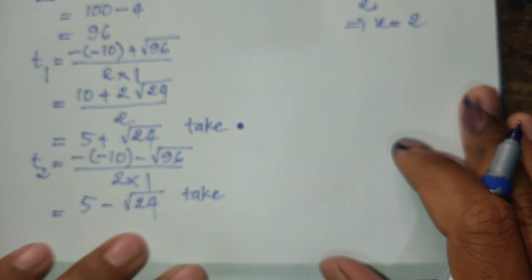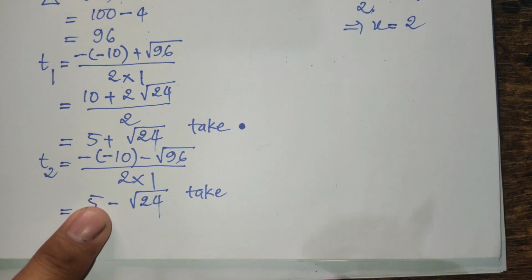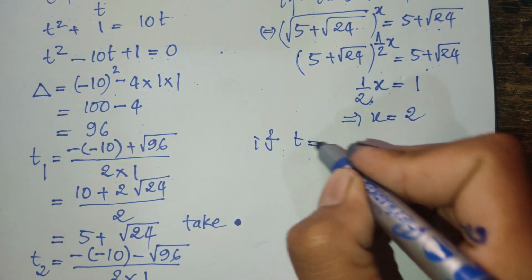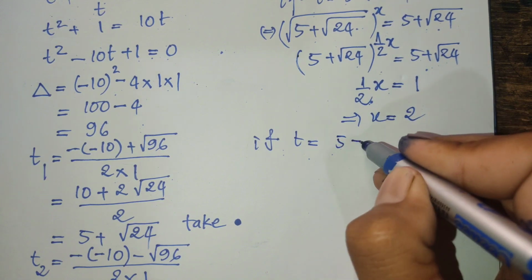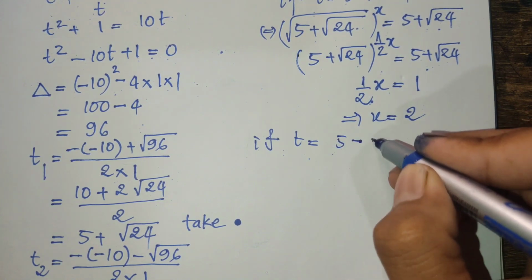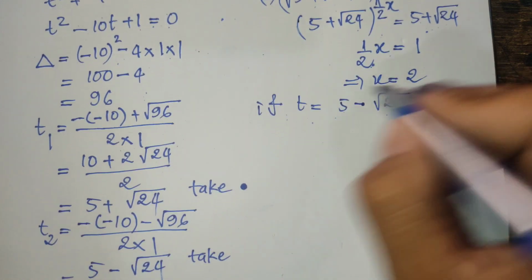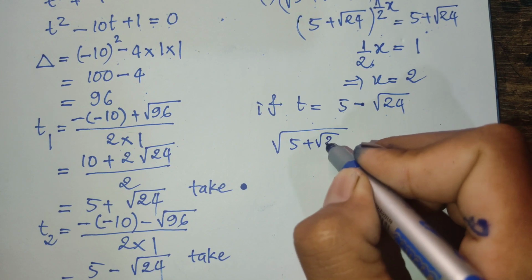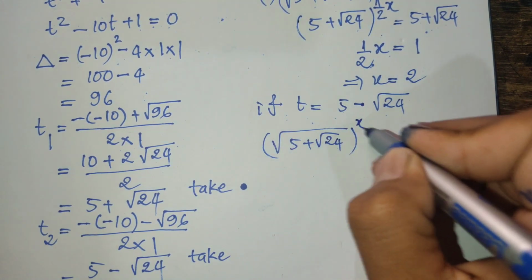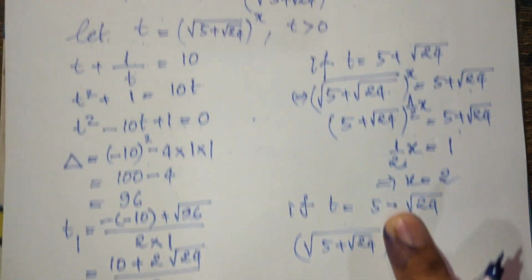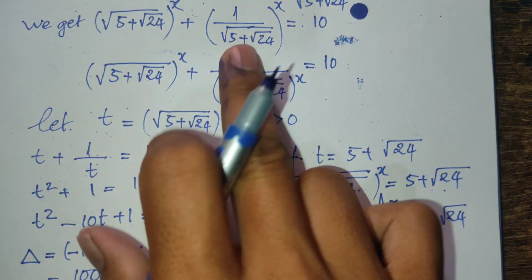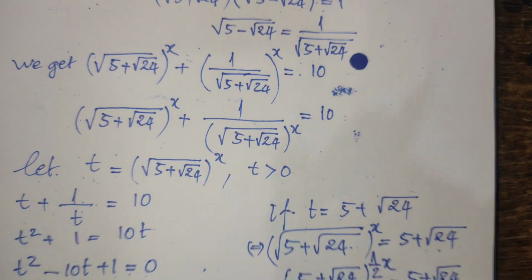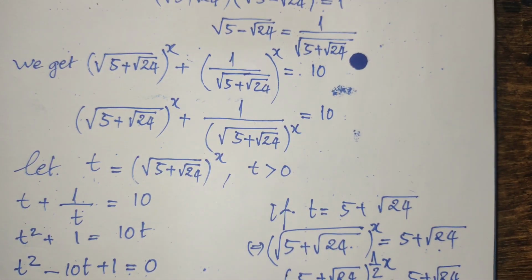And now I use this: if t is equal to 5 minus square root of 24, we replace it by (square root of 5 plus square root of 24) to the power 8, and we know it is equal to 1 divided by (5 plus square root of 24).